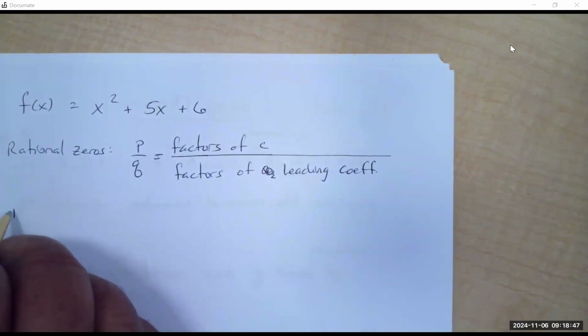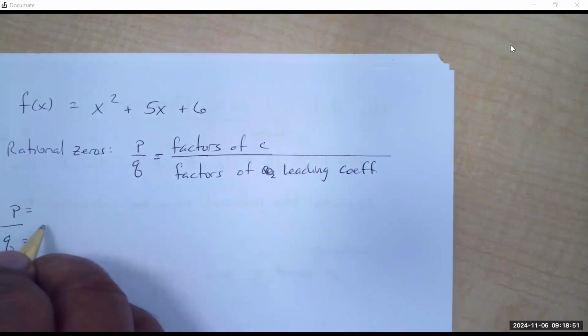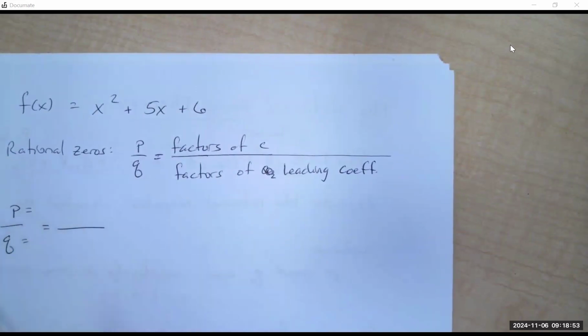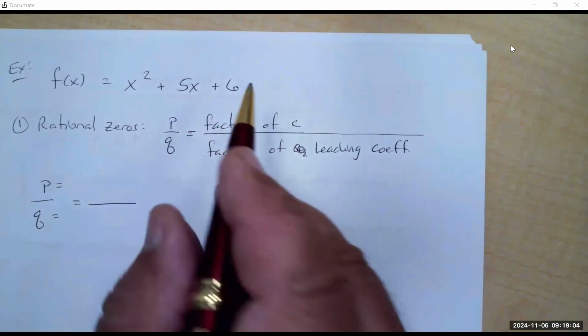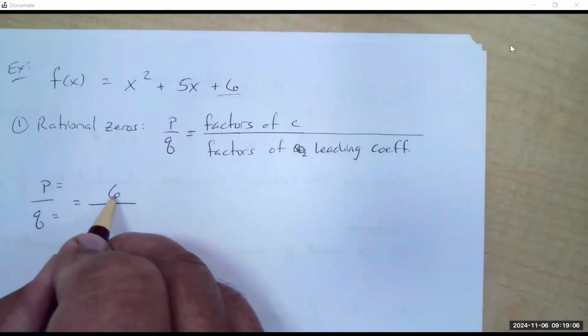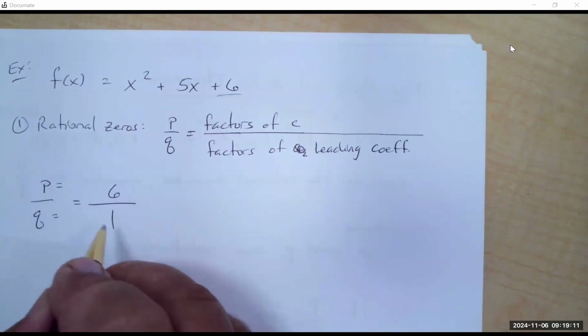So in our case, what is P? What number do we look at for P? 6, the constant. And Q is what? 1. It's the leading coefficient.